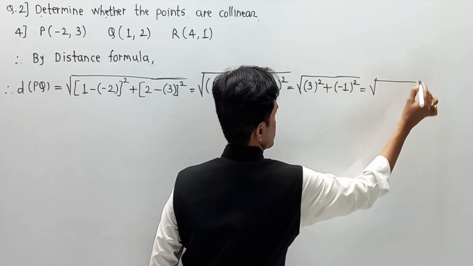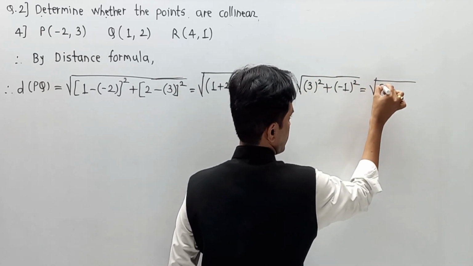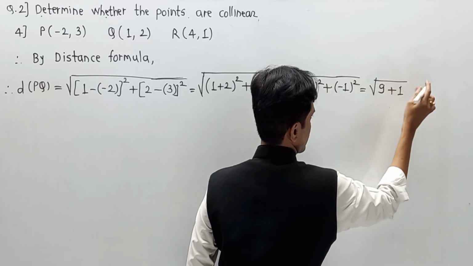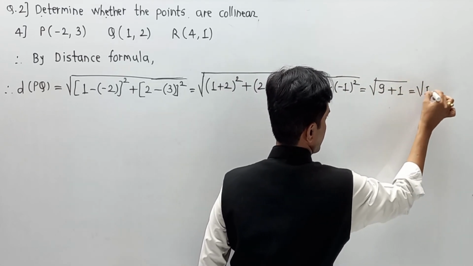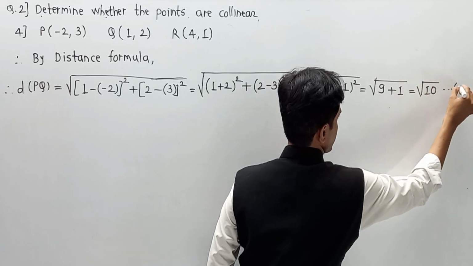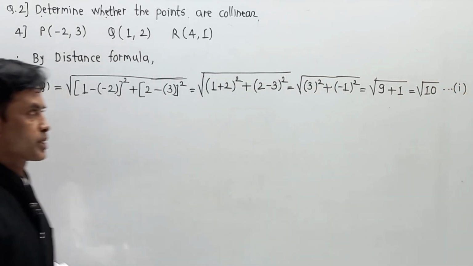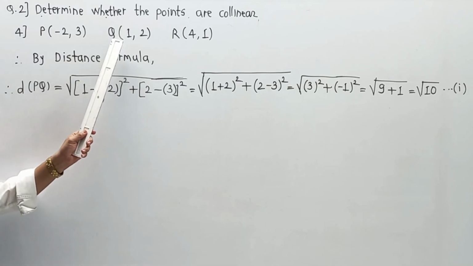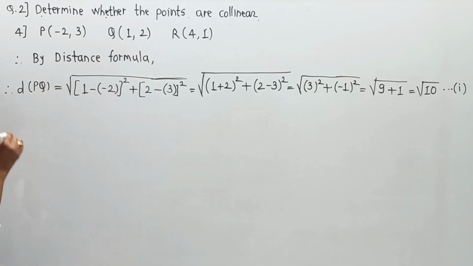Simplification of this part: 3 square is 9, minus 1 square is plus 1, and under root of 9 plus 1 is nothing but root 10. I want to call it equation number 1. So this is the first step where we have solved the distance between the first points, that is PQ. Now the distance between the points QR.